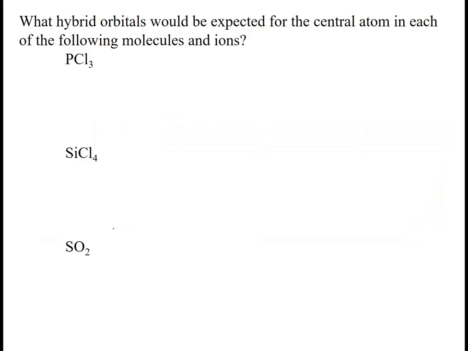Again, this is one in which I have to draw the Lewis structure. Phosphorus has 5 times 1 is 5. Chlorine has 7 times the 3 gives me 21. So I have a total of 26. Phosphorus is the center with 3 chlorines around it.